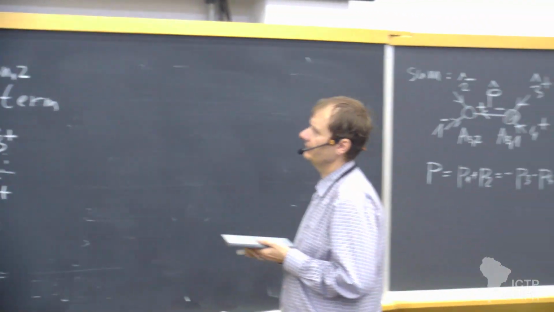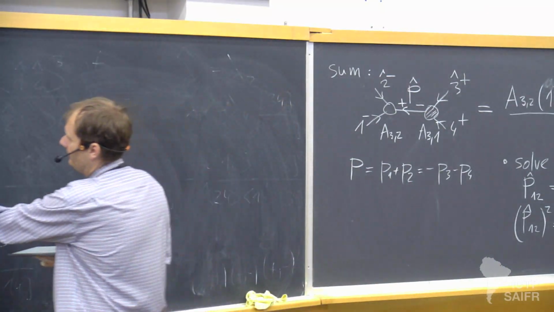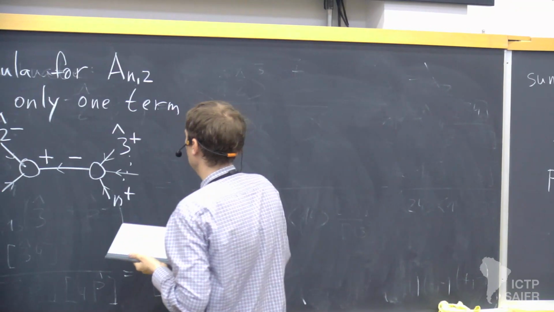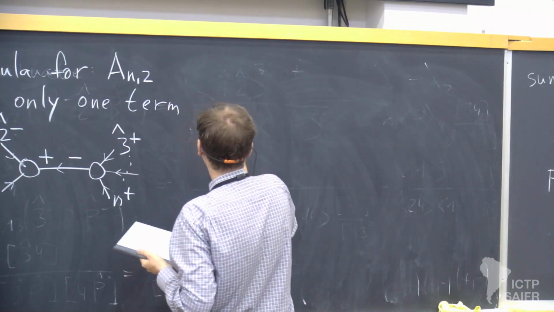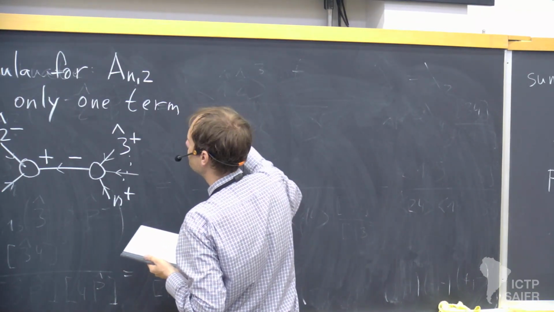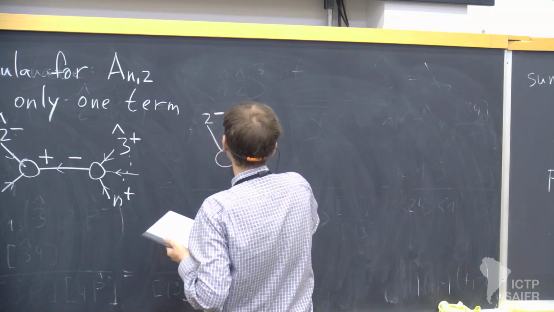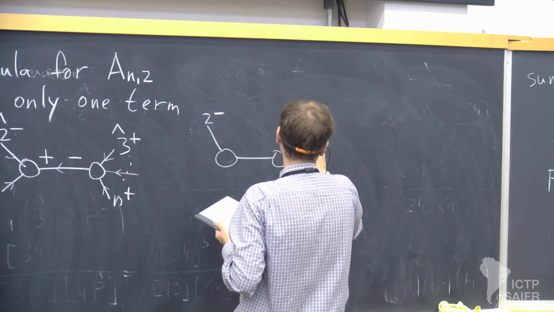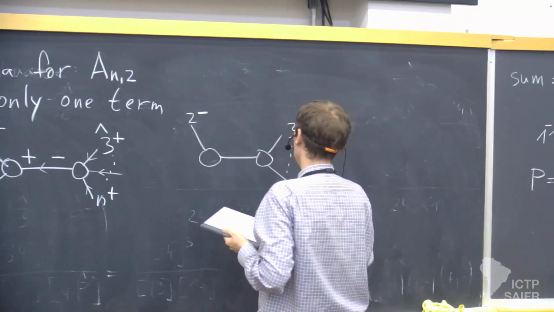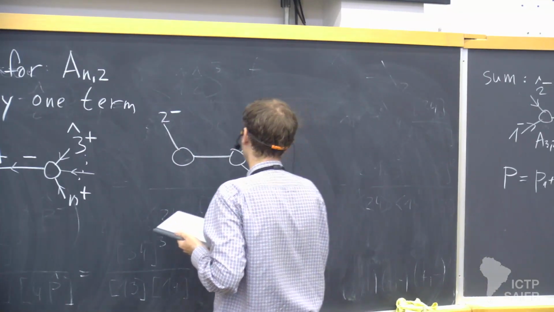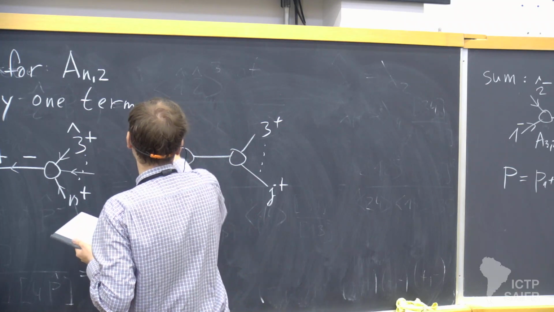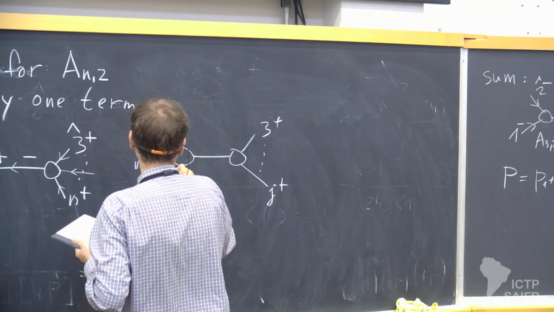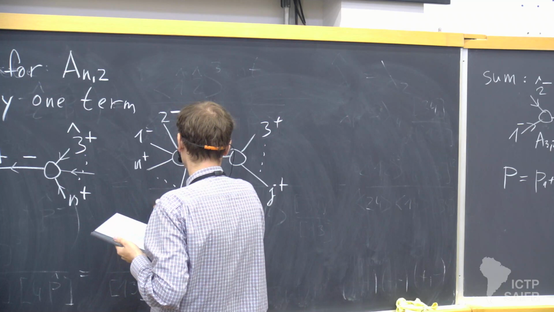Okay, you might think, are there more terms? Can I put some of the legs from here, here? So let's just see. Are there any terms like that? So if I move, let's say this doesn't go all the way up to n, but only up to some j. And then the rest of the legs are on this side of that channel.